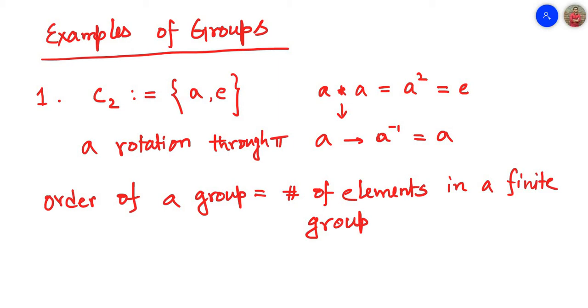So that's just a trivial piece of information, but it's actually significant when we deal with finite groups. In this case, the order of C2 is simply 2.